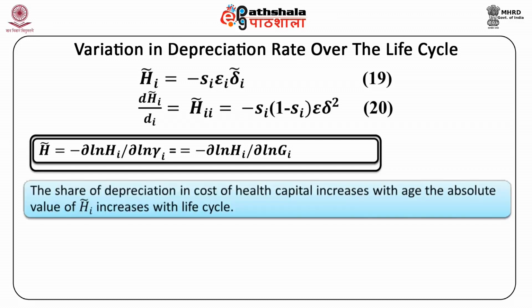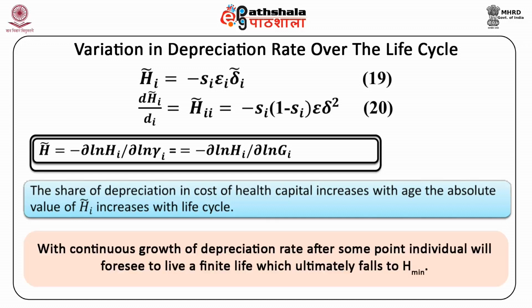Since the share of depreciation in the cost of health capital increases with age, the absolute value of H tilde i increases over the life cycle. With continuous growth of the depreciation rate, after some point the individual will foresee living a finite life, which ultimately falls to H minimum and healthy time equal to 0. Potential earnings and total utility will be zero at death.